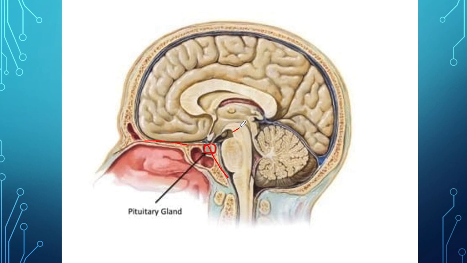This is the midbrain, this is the pons, and this is the medulla. Anteriorly, this is the base of the frontal lobe. You can see over here the mammillary body. The one in front is the optic chiasm. This is the skull base, and this space you can see over here is the sphenoid sinus. This is very important in pituitary gland surgery.